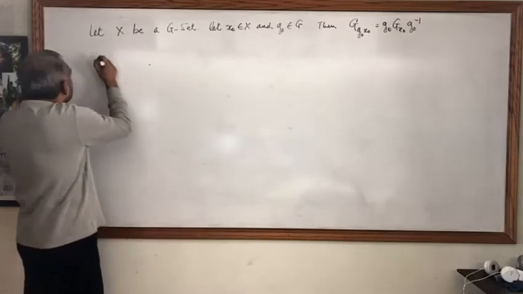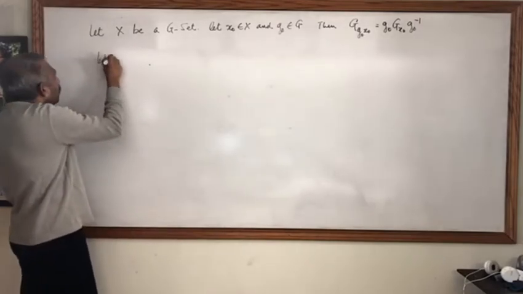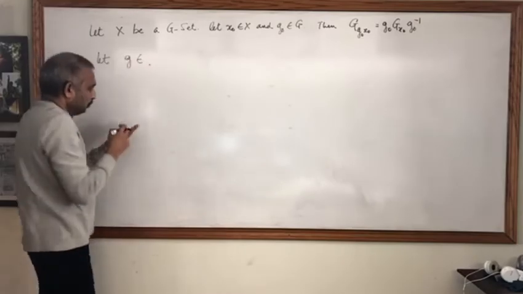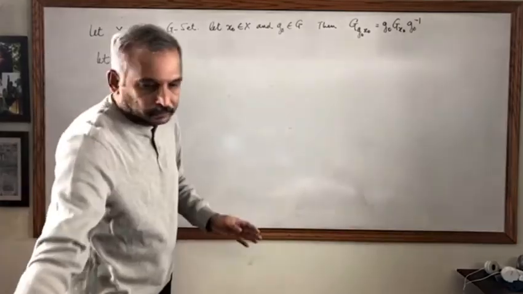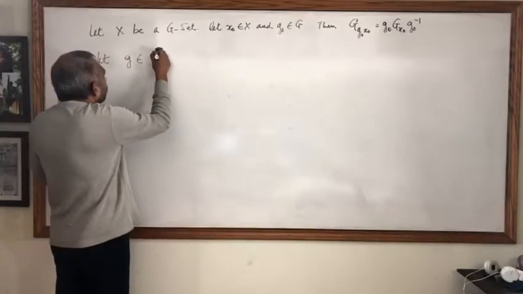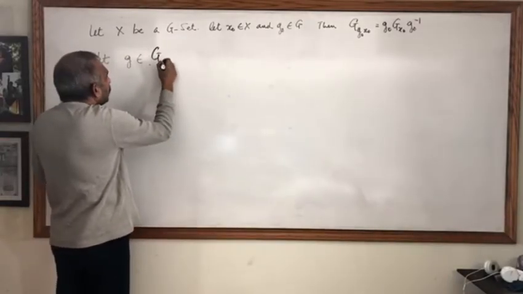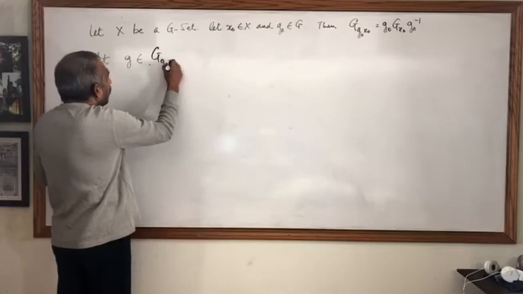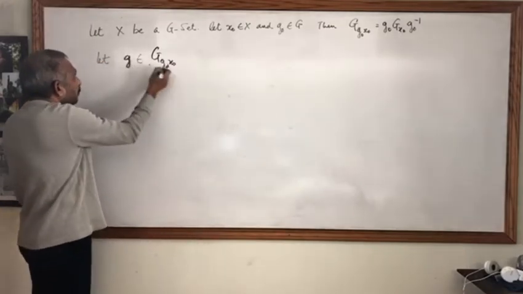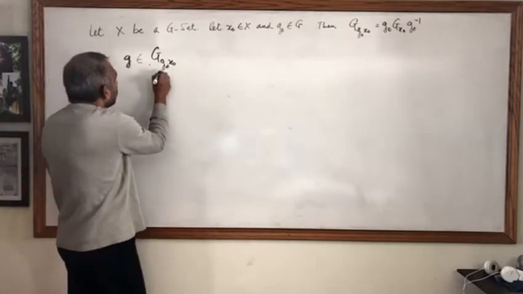So let g belong to G_{g0 x0}, any element from this. What does this mean?